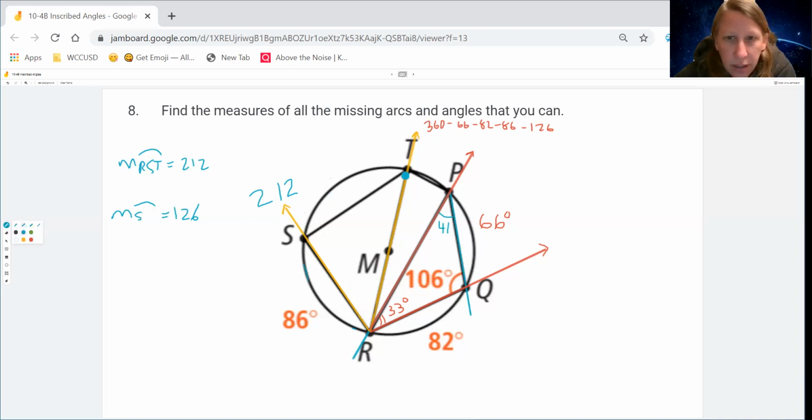Let's see if I can find my mistake. I got 0 when I did that math, and then I knew, uh-oh, that's not right. So that was SP. That was 126. So I know that this angle is 63.